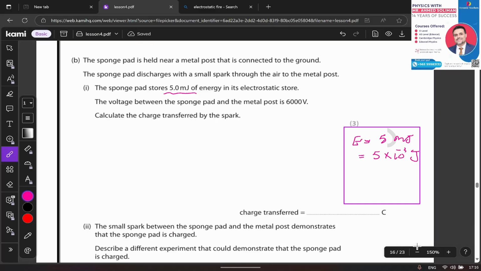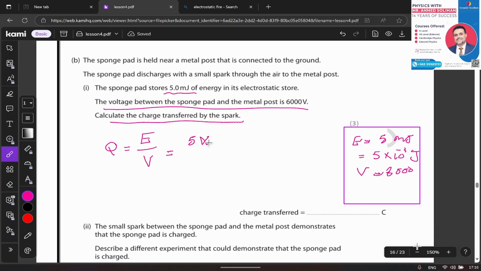Okay, and what else did he give you? The voltage. The voltage equals 6,000. And they asked to find the charge, right? Do you know the equation, or do you need the equation sheet? It's energy over voltage. Perfect, Ahmed. So energy is 5 multiplied by 10 power negative 3 over voltage, which is 6,000.